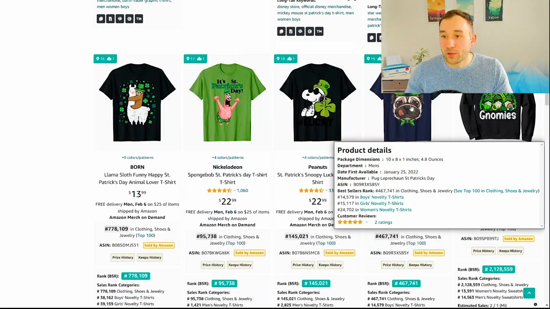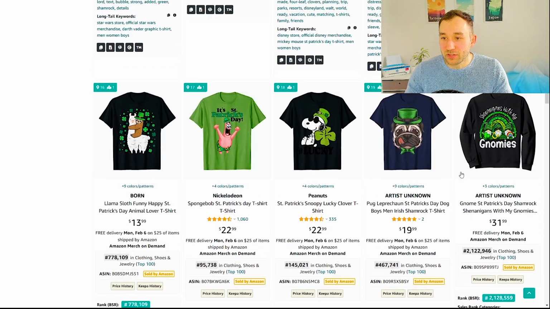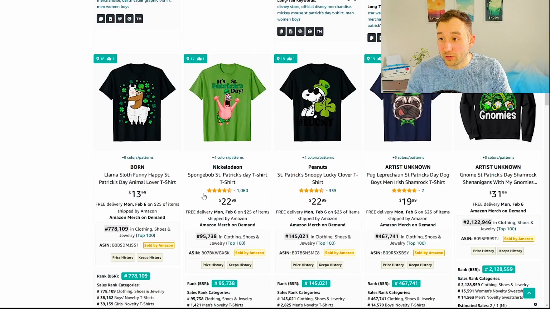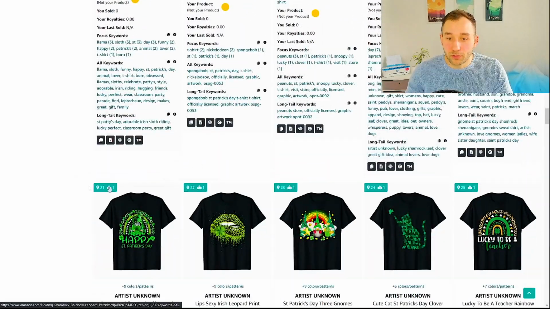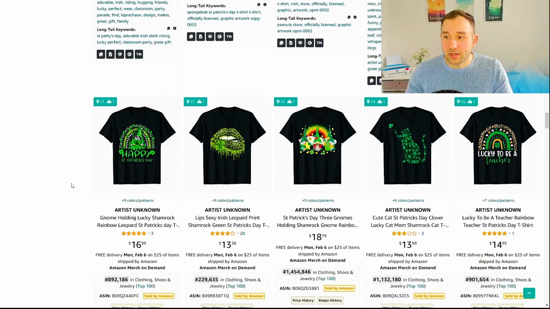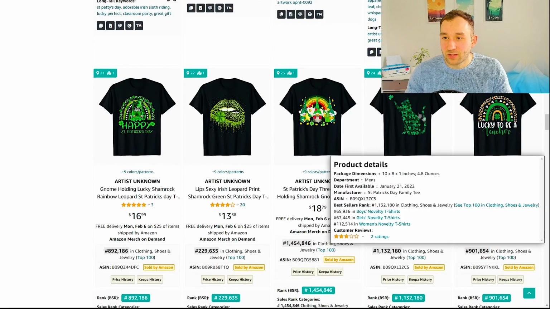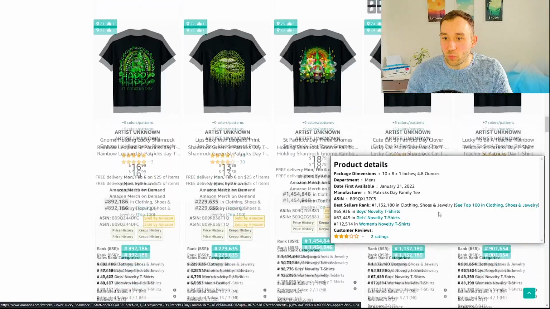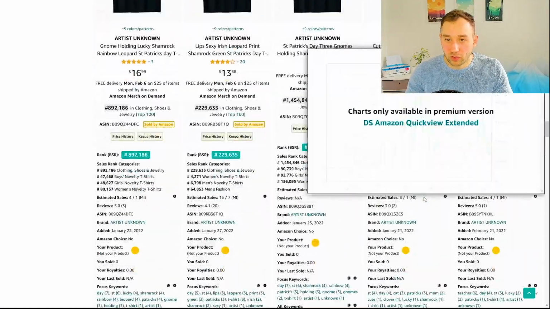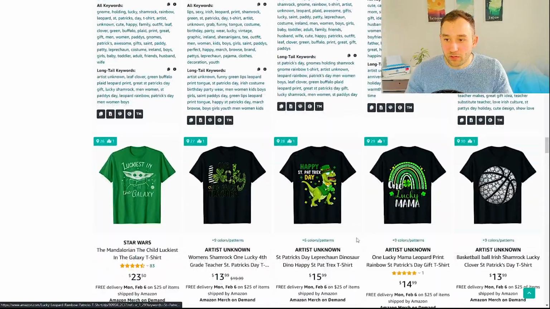We've got a pug wearing a St. Patrick's Day hat, so that's the sort of thing you can do with the free graphics in my bundle that I discussed at the start. And what I quite like is this style right here with the cat that is filled with shamrocks or clovers. There's another design example of that further down.